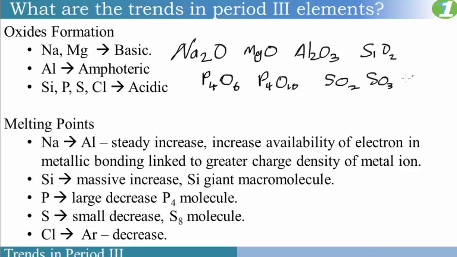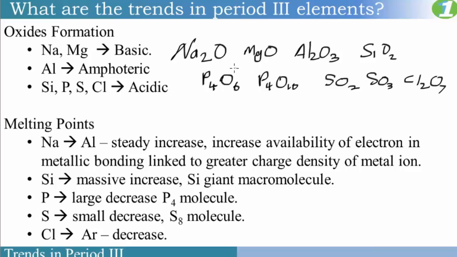And that is Cl2O7. So the dichlorine comes from 2 chlorine atoms, and the hept comes from 7 oxygen. And these are your oxides going across period 3.